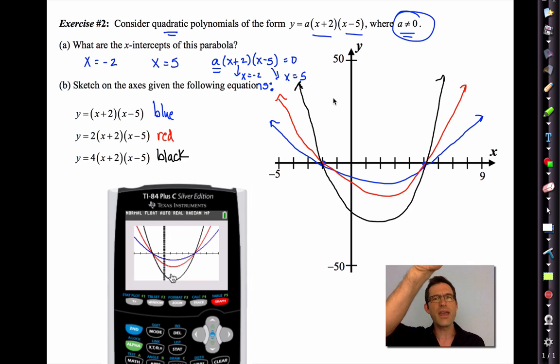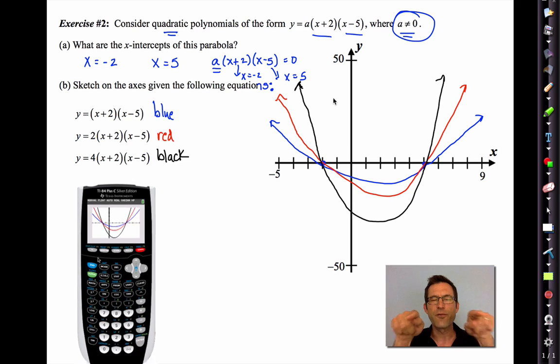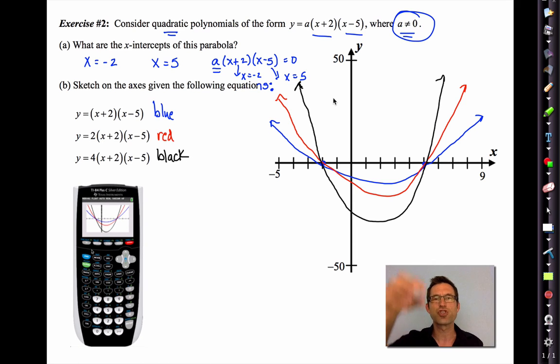And if a had been negative, it would have also flipped it across the x-axis, so the two tails of this x squared function would have been pointing down instead of up. So the factors dictate where we cross the x-axis, but the value of a dictates how much the function gets stretched out from those fixed x-intercepts. It's like a parabola as a rubber band, and you fix the two x-intercepts and you're stretching from there.